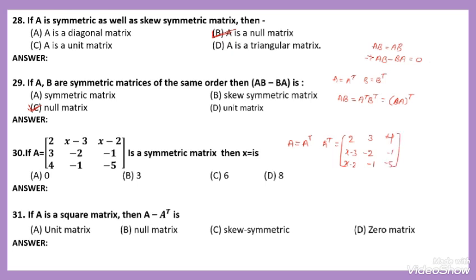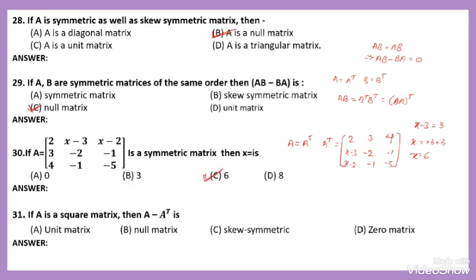If A is equal to A transpose, each element should be equal. That is, 2 equals x minus 3, here 3. x minus 3 is equal to 3. Then taking minus 3 to the right side, it becomes plus, then 3 plus 3 is 6. Therefore, the x value should be 6.